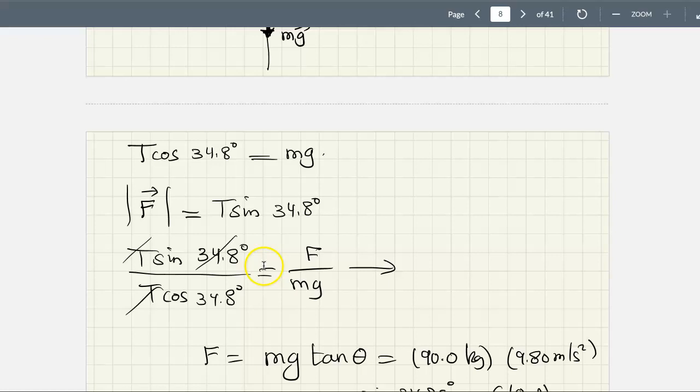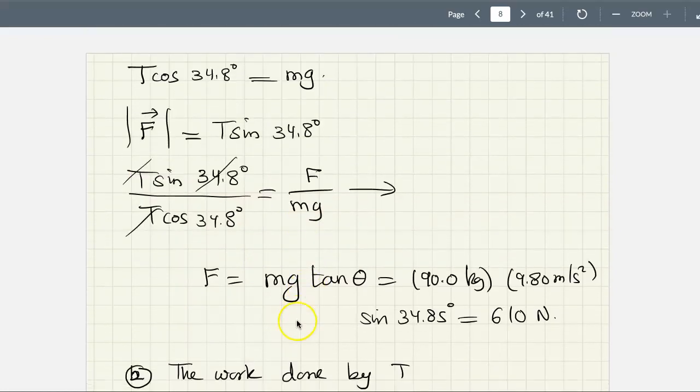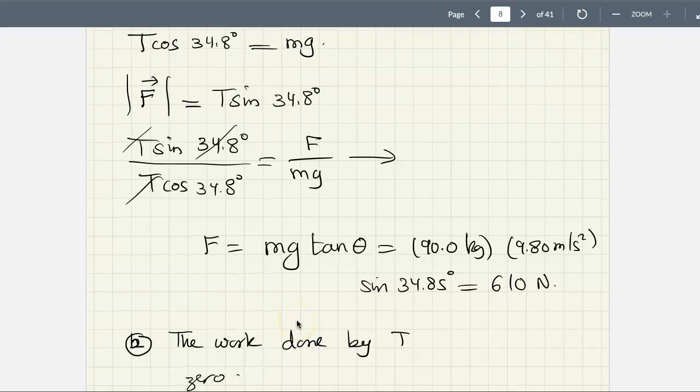I can divide equation 2 by 1: T sine 34.8 divided by T cosine 34.8 equals F over mg, and from that I can calculate the force to be mg tan theta, that is 90 times 9.8 times tan 34.8, and that is going to be 610 newtons.